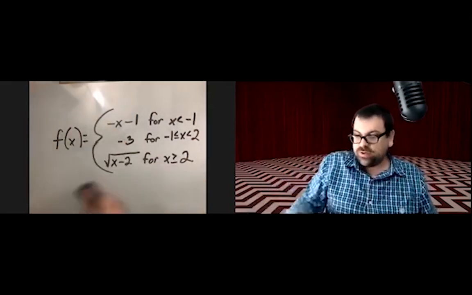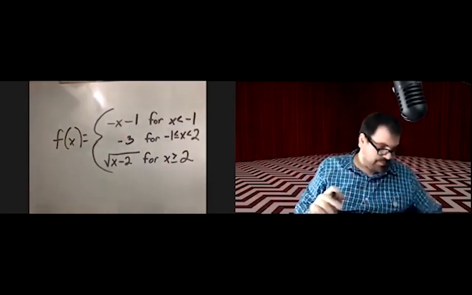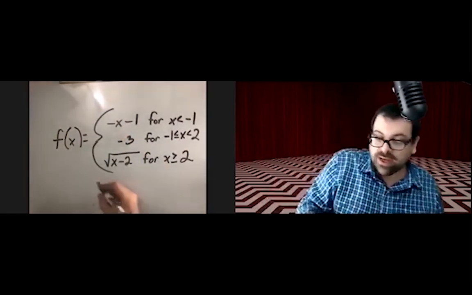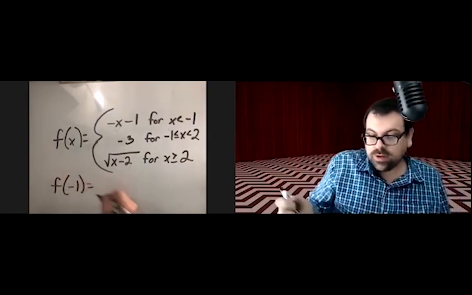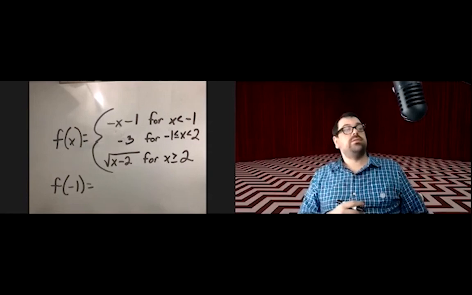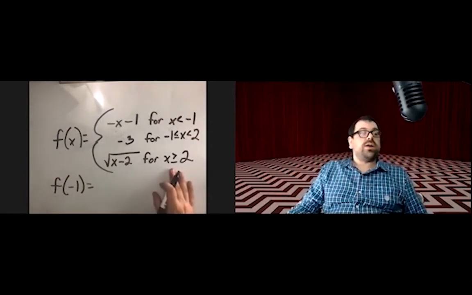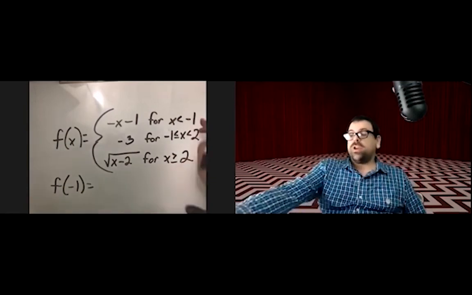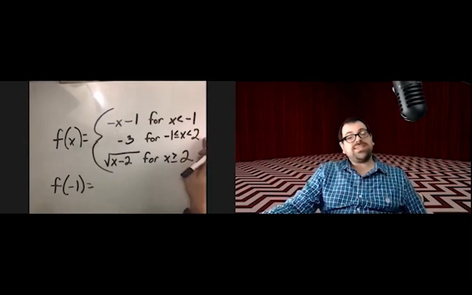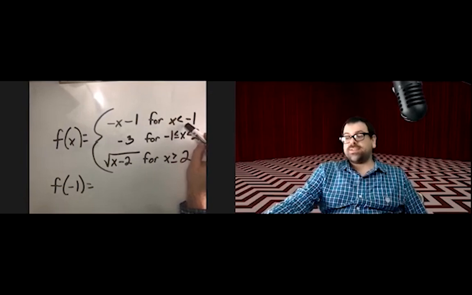Same function. This time, f of -1. Well, we can rule out the third one right away. -1 is not greater than or equal to 2. But are we going to use the first one again, or are we going to use the second one? Well, -1 is not less than itself.